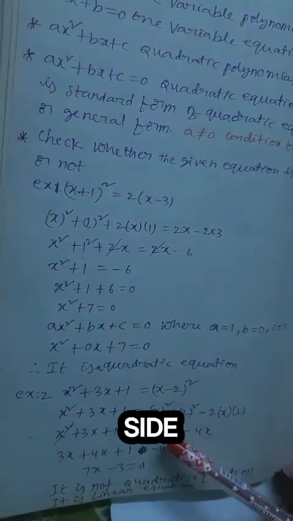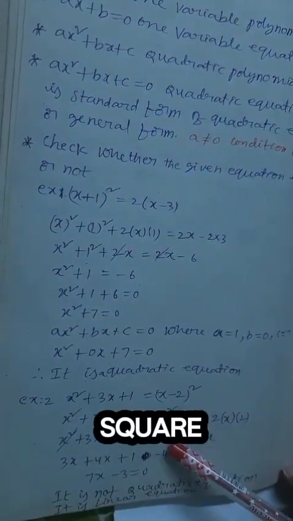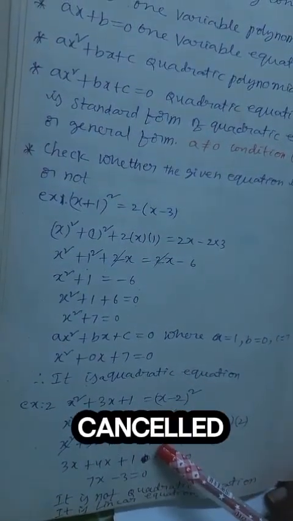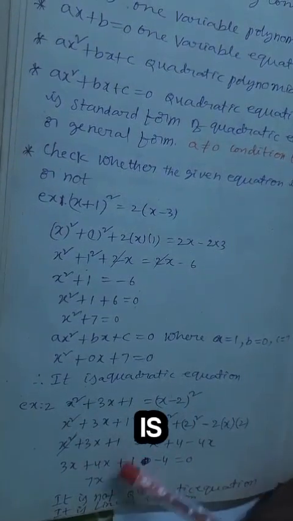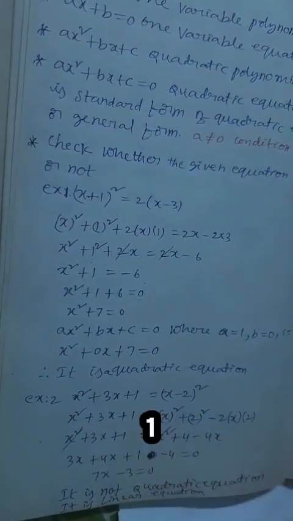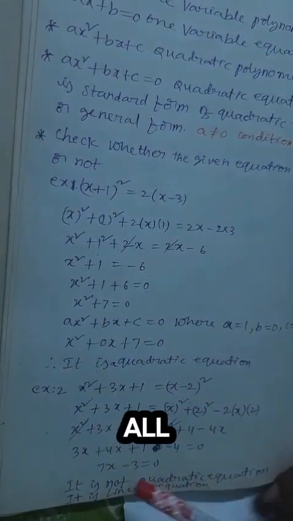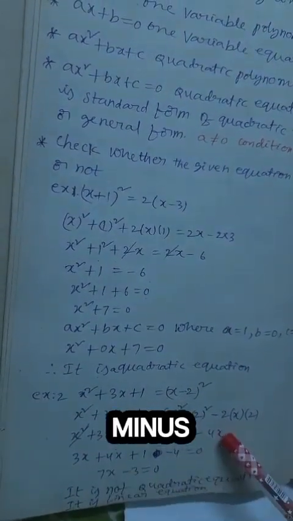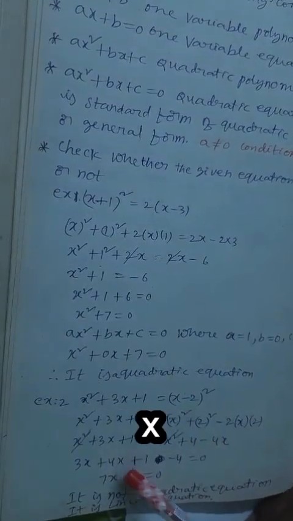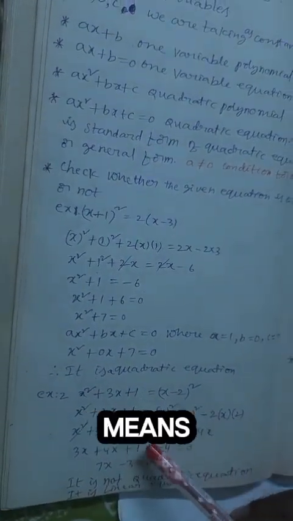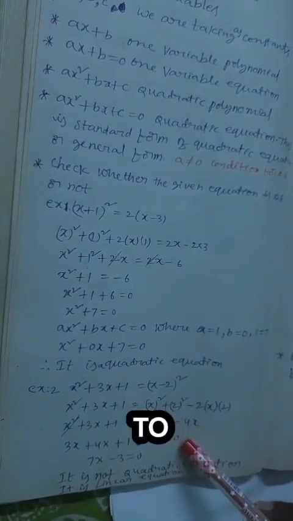On each side there is x square, and in between is equal to, so x square gets cancelled. 3x plus 1 is there as it is. I am transferring everything to one side, so 3x minus 4x becomes plus 4x plus 1 as it is. This plus 4 becomes minus 4 on that side, is equal to 0.